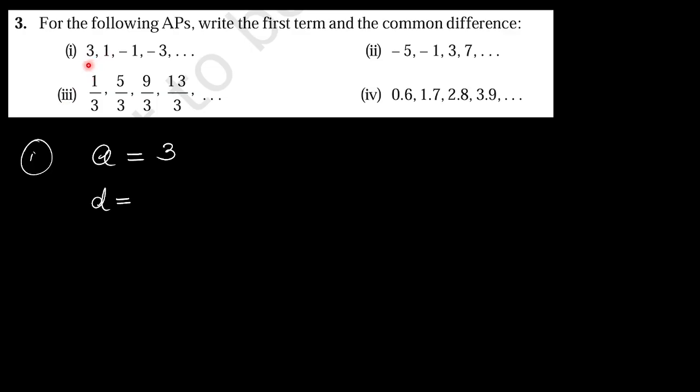If it is negative, it is a little bit difficult. So the common difference can be found by any term minus the previous term. So 1 minus 3 will be the common difference. So a equals 3 and d equals minus 2. Is it all clear? Understood?